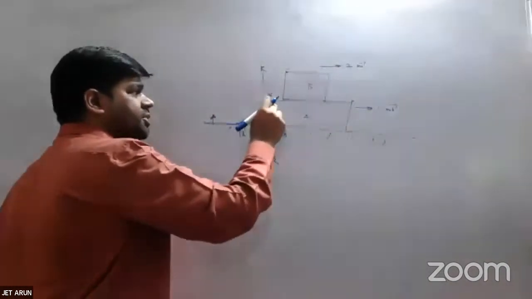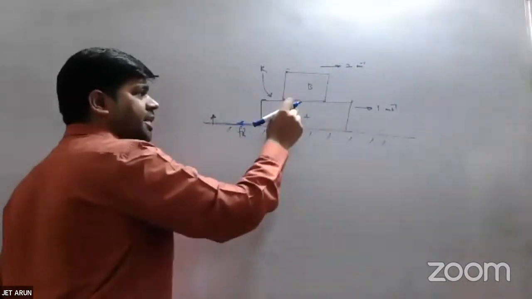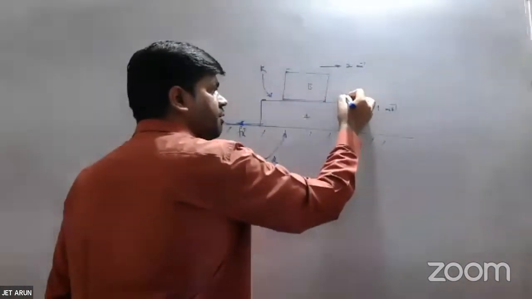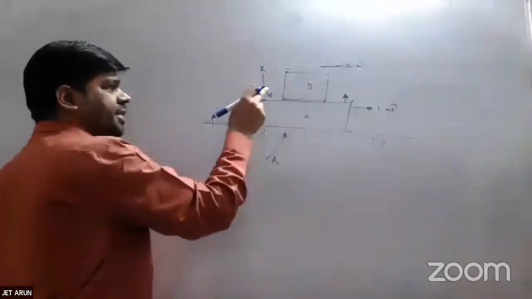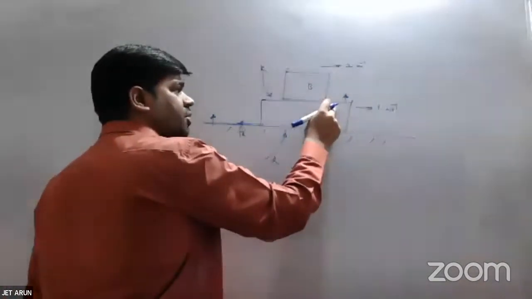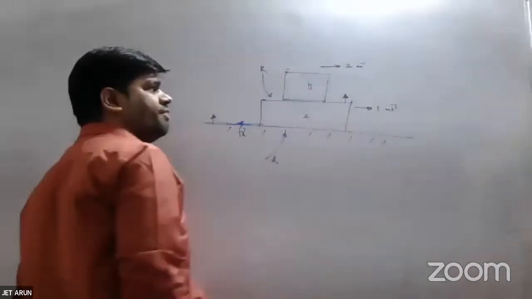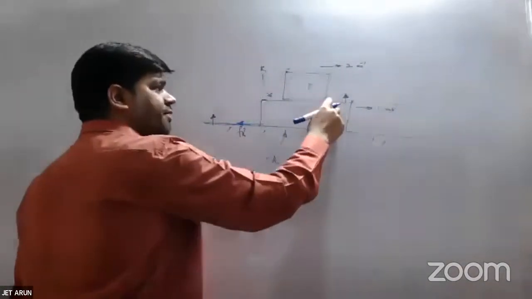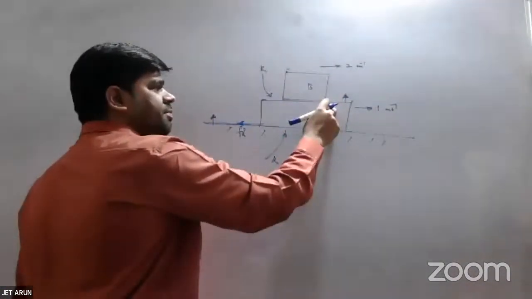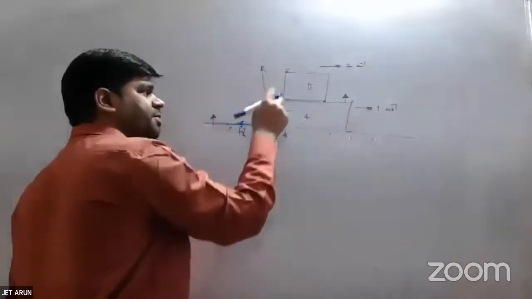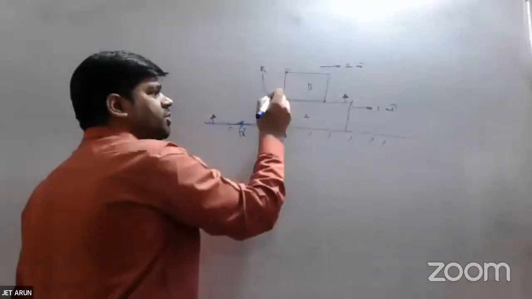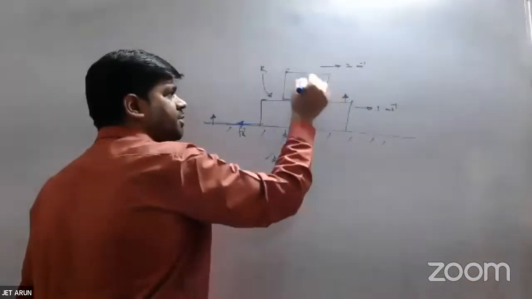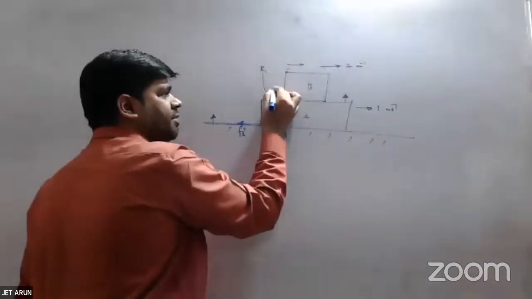To decide the direction of friction on this block, I stand on the surface on which the block is moving. I don't stand on the ground and decide. I stand on the surface on which the block is moving and I decide the direction of friction. So when I stand on this surface, this 2 meters per second is against 1 meter per second. So the velocity of B with respect to A is 1 towards the right. So it is moving towards the right with respect to the surface. Friction is towards the left.